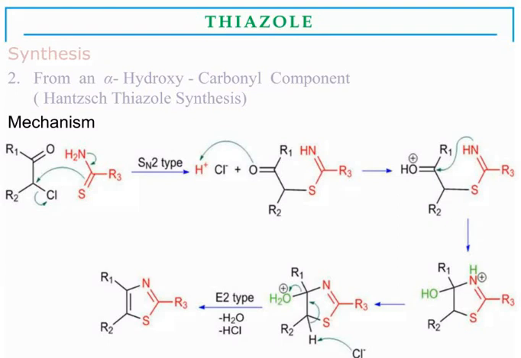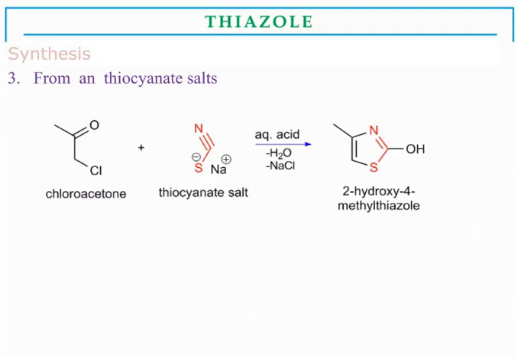After dehydration and E2 type elimination reactions, finally you have the thiazole ring. So this is the second method of preparation of thiazole.